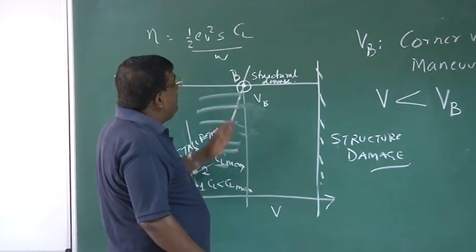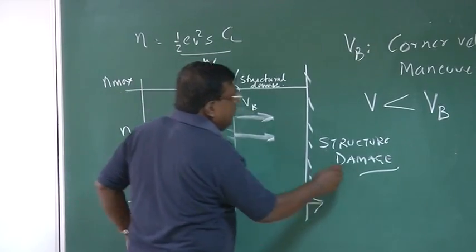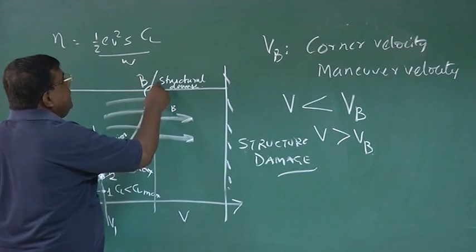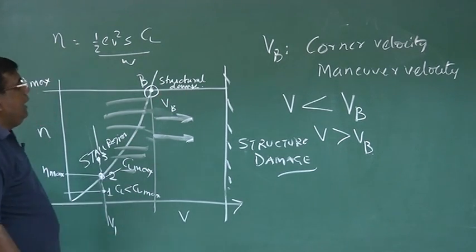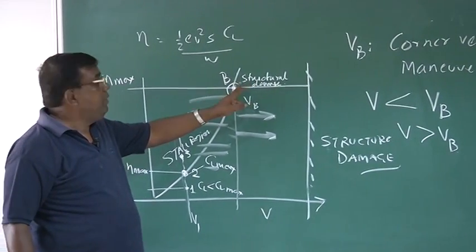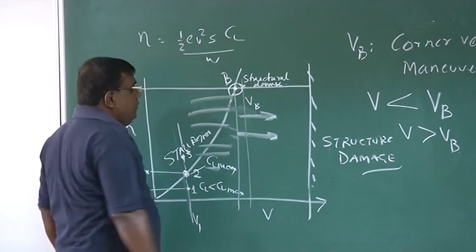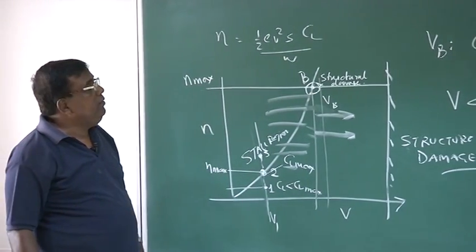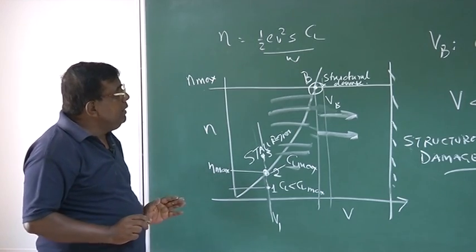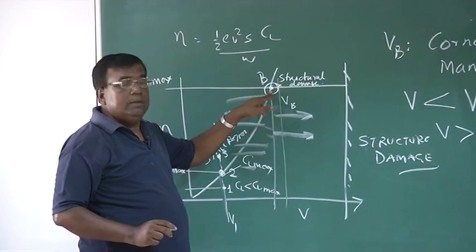But if I am flying in this region, that is when V is greater than VB, then there is every possibility that I can damage the structure. Okay, because once I try to fly here, I am going into that region which will cause structural damage. That is why this VB is very important. The pilot will be aware of this speed.